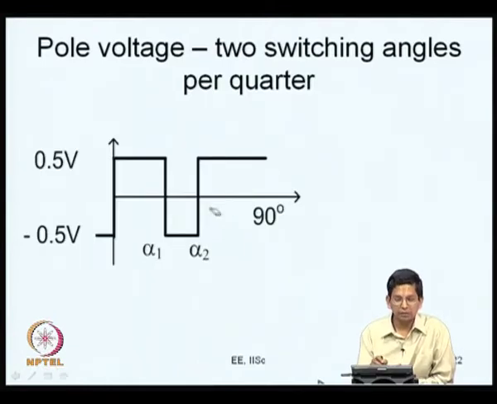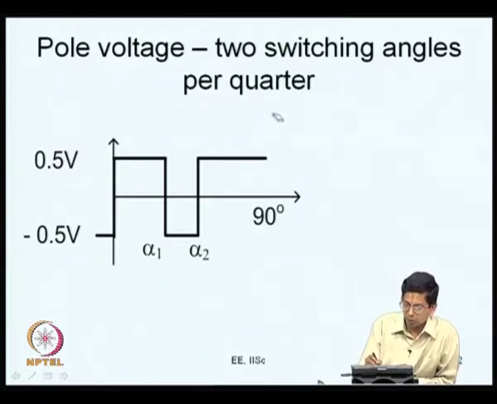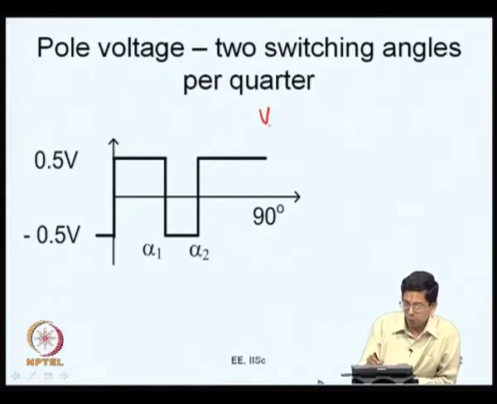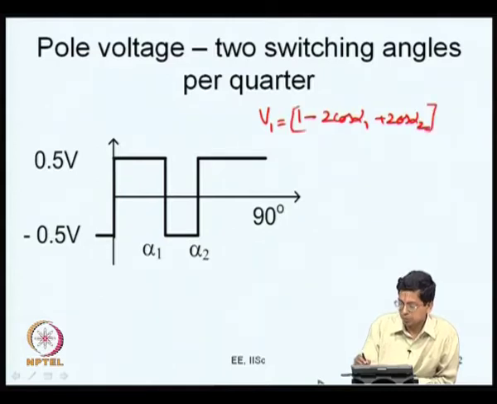We have the same waveform reproduced here for just 1/4, and what is the fundamental voltage? We can say that V1 is going to be 1 minus 2 cos alpha 1 plus 2 cos alpha 2 in per unit terms.